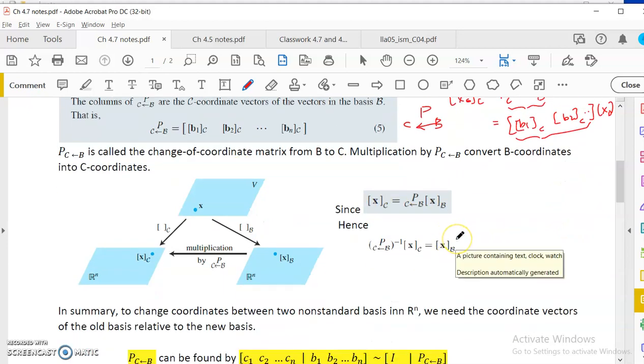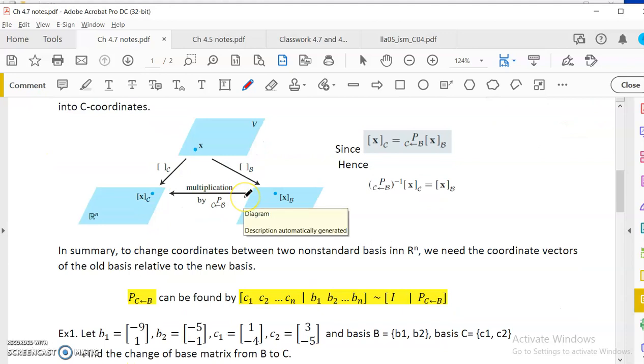And how do we do it? This is the picture. This is called a change of coordinate matrix, from B to C. When you write it in a sentence, you write B to C. When you write it in the notation of the matrix, you have C come first, and there's a reason for it. Here is the formula, so you just need to remember it.